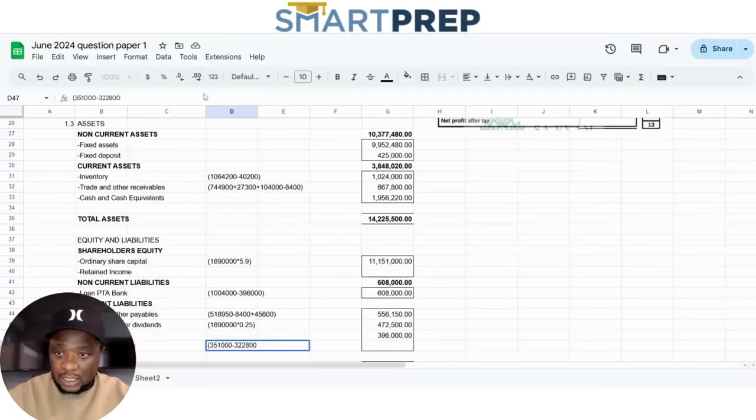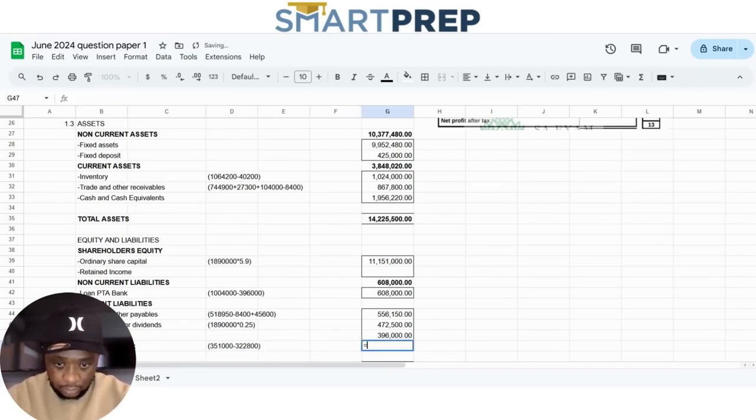And then close the bracket. That then gives us a SARS income tax balance of 28,200. And therefore we can now add our current liabilities.